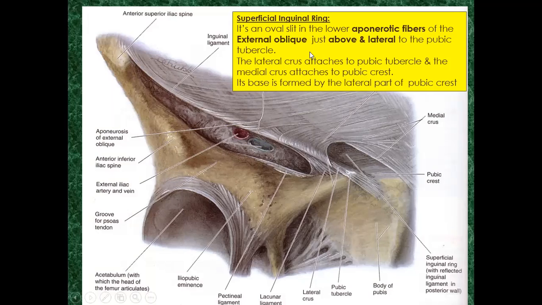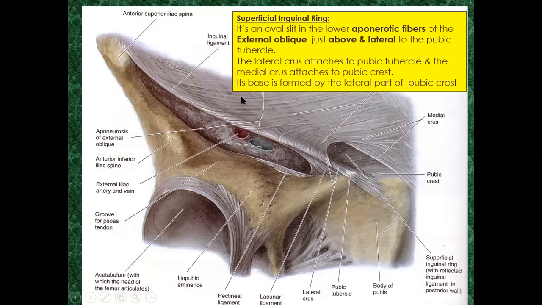Now coming to some openings here, a very important opening. This is called the superficial inguinal ring. In the lowermost part of the external oblique, we saw this is the inguinal ligament, and in the most anterior part here, you can see an opening. This is called the superficial inguinal ring. It's an oval slit in the lower aponeurotic fibers of the external oblique.